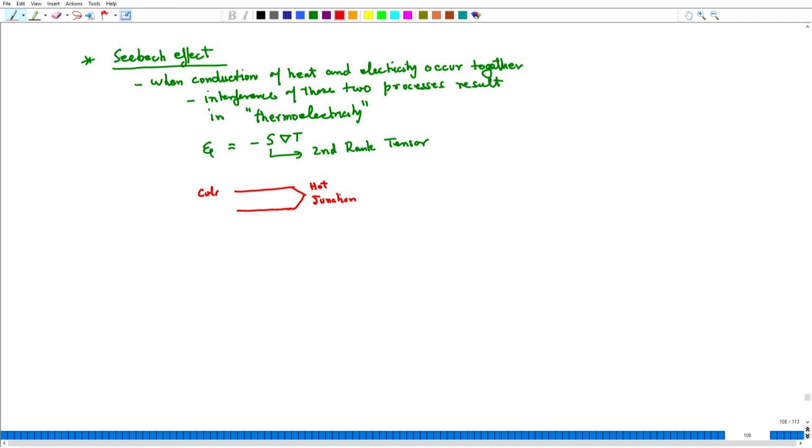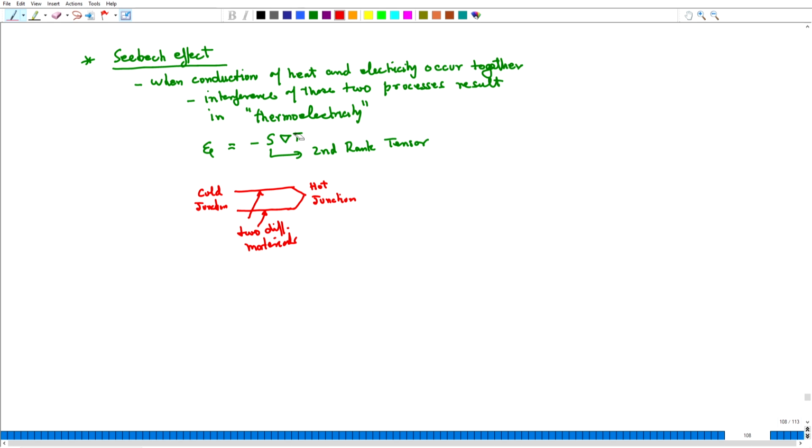Out here is the cold junction, and these are two different materials which produce an EMF. You measure the EMF, and that EMF is related to the difference in the temperatures of the hot and the cold junctions.